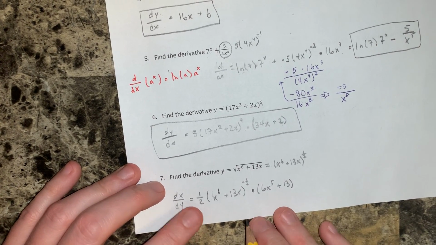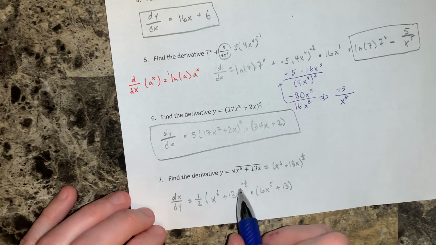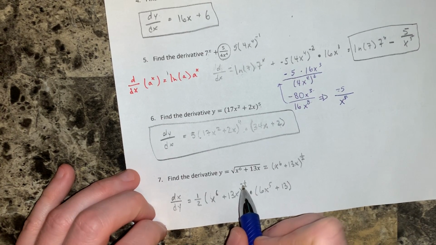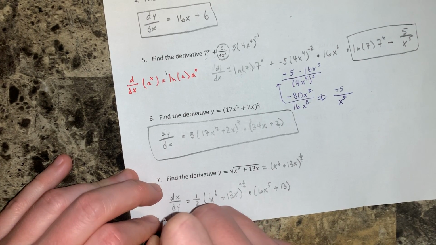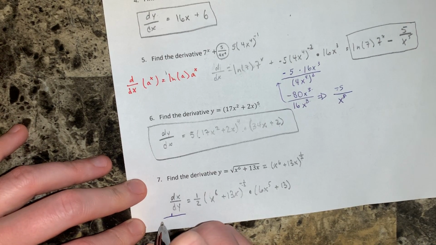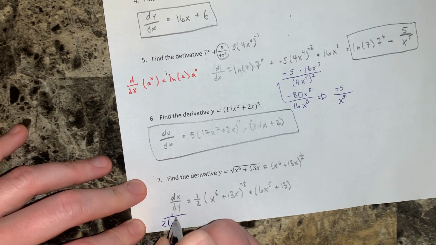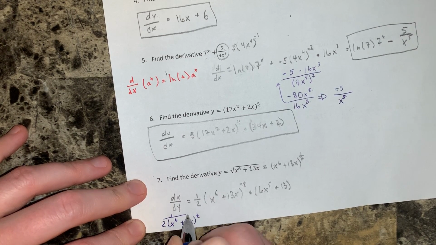Okay. So let's clean this up a little bit. Again, negative exponent means we have a fraction. So I'm going to have 1 over 2 times x to the 6th plus 13x to that 1/2 power.